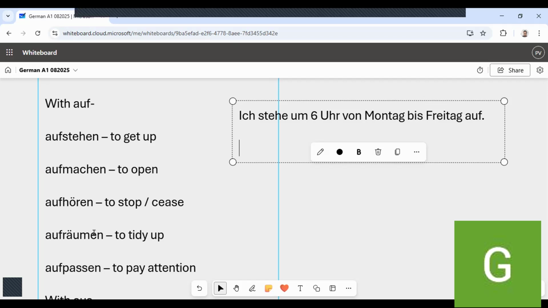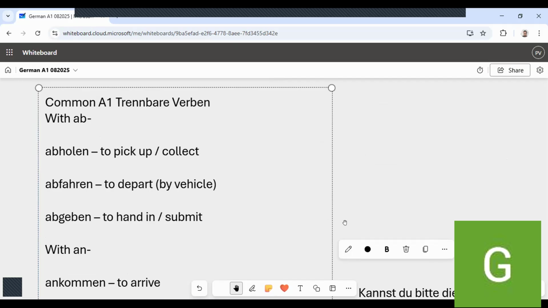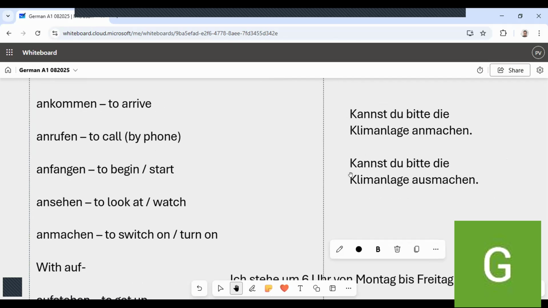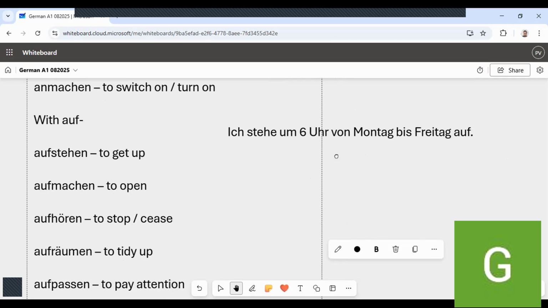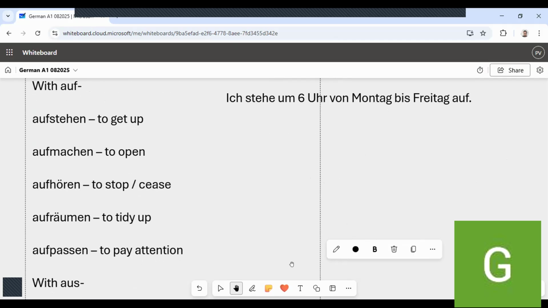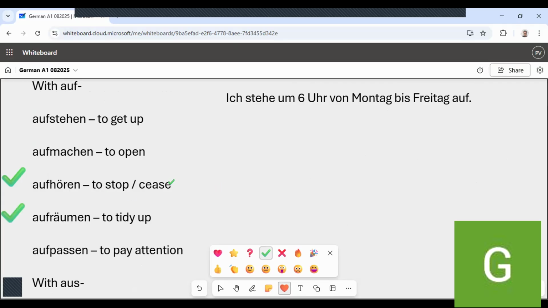Aufräumen means to clean or to tidy up. Aufräumen is also a Trennbar verb. Aufräumen means to tidy up, to clean something.